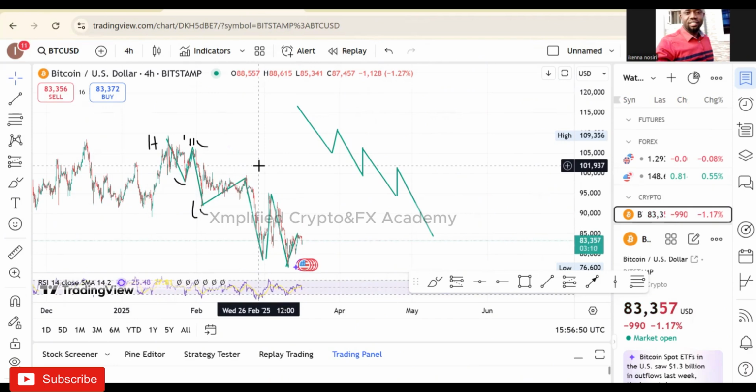If you're on spot, you're only trading in one direction, long positions. You're buying low to sell high.